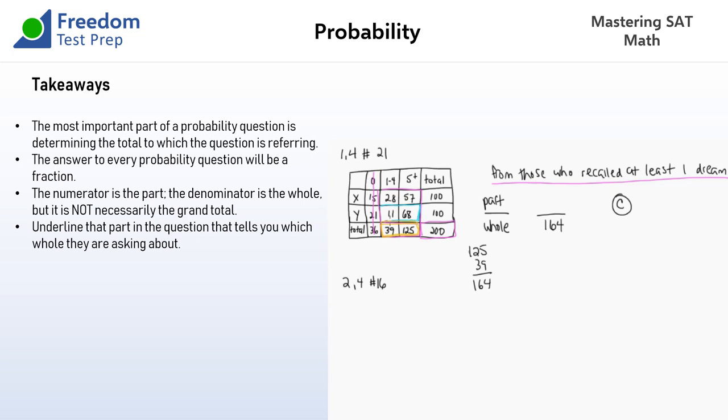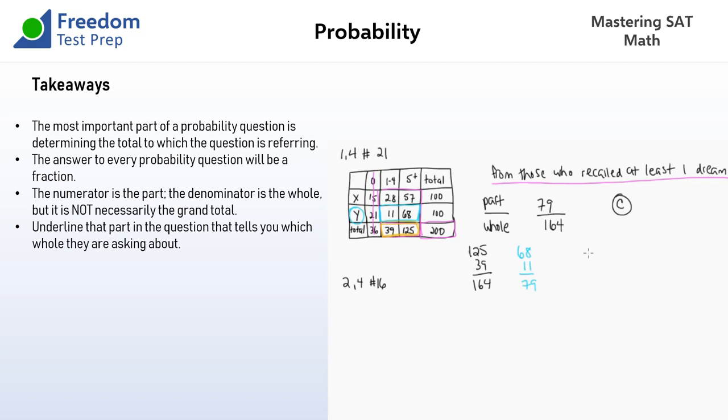It would be these people in group Y. Here's Y. And here we've got these two columns because we have crossed out this first column with 0 dreams. So then we have 68 plus 11 is 79. So our numerator is 79. Okay, that being said, let's go to the next problem.